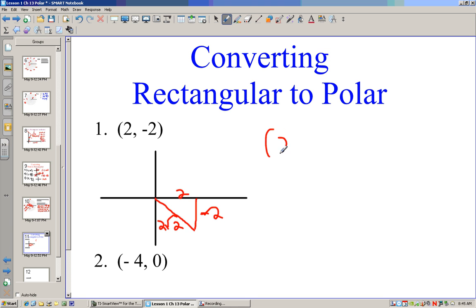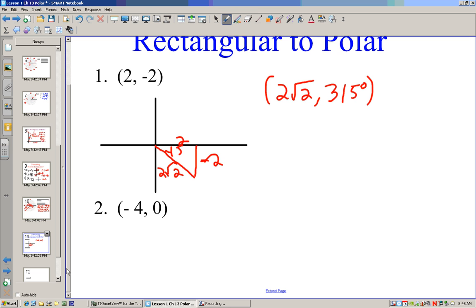So we have 2 root 2, and the degrees is going to be 315, because this would be 45. 360 minus 45 gives us 315. Negative 4, 0. Over here, that's 4 at the angle of pi.